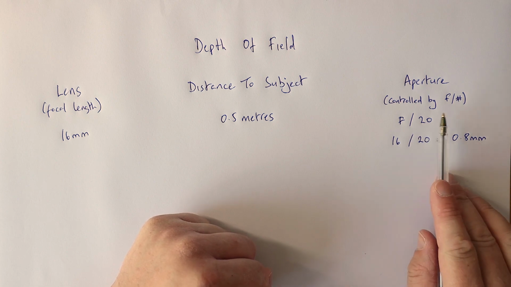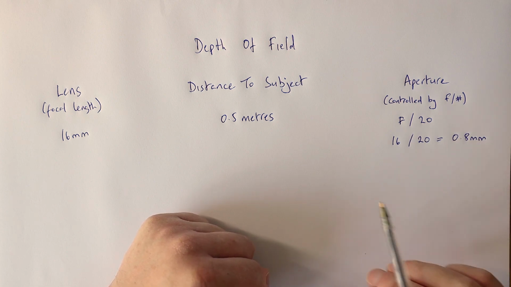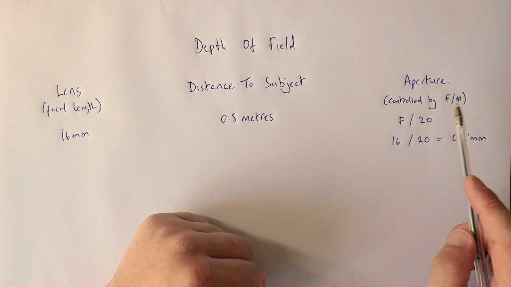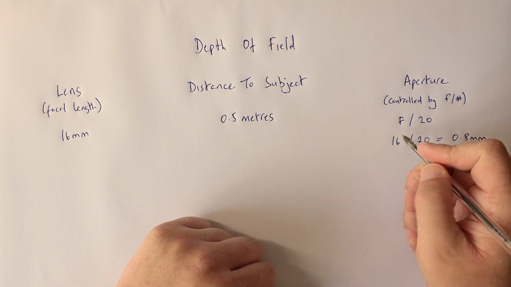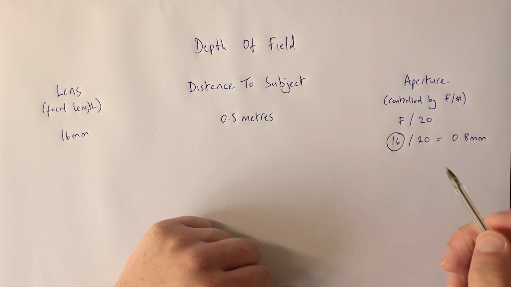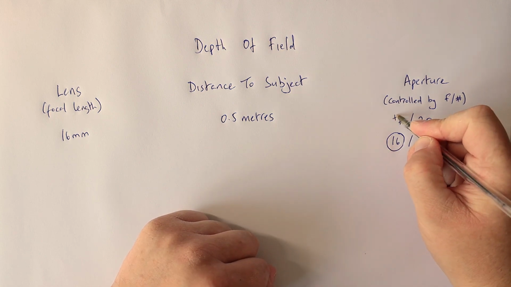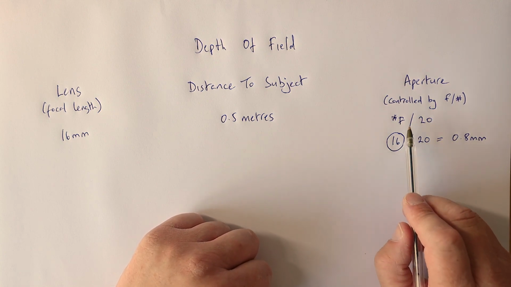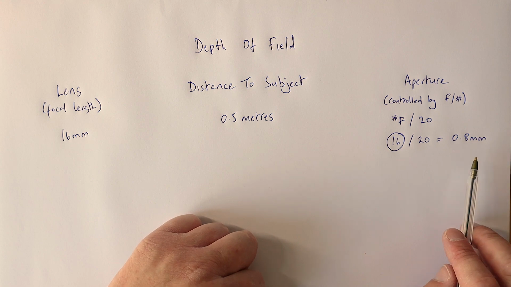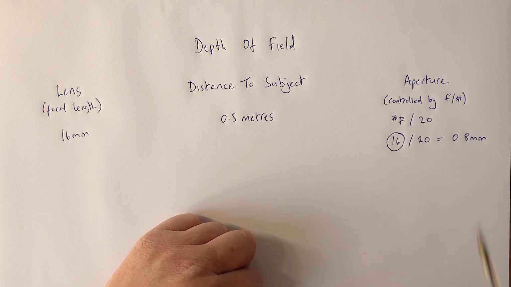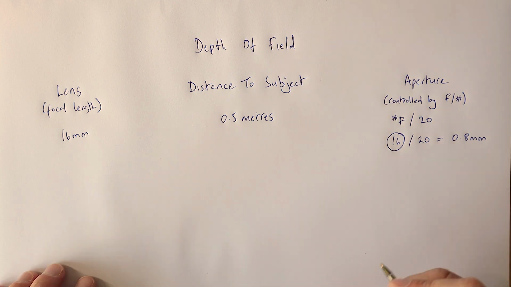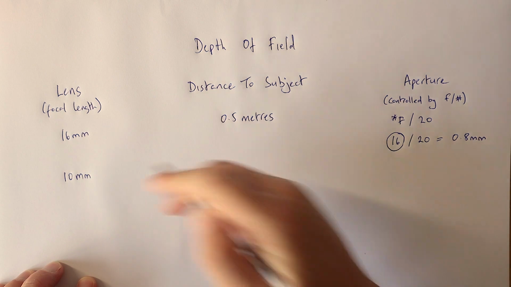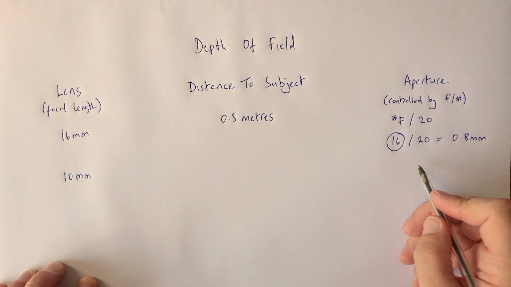Now, because F numbers only standardize the light, they don't standardize aperture size. That means that when we change our front number here, so in this case, the 16, the F, if we change the F to a different number, we're going to end up with a different result on the end. So if we take our focal length on the crop sensor camera, which was 10 millimeters, we now change the formula.